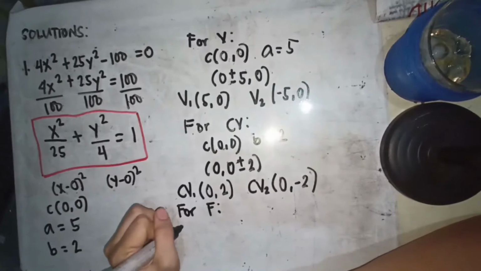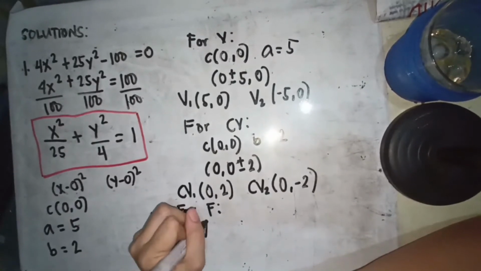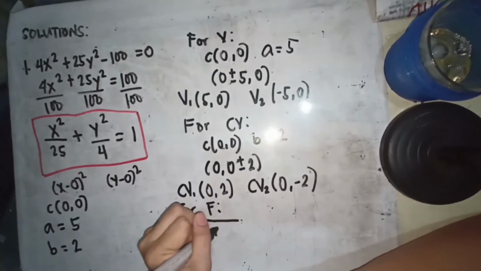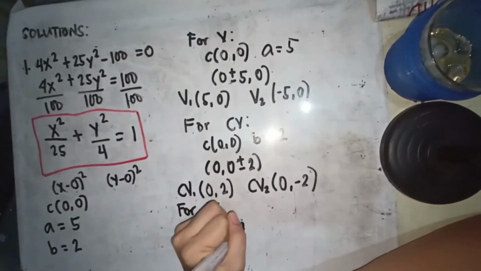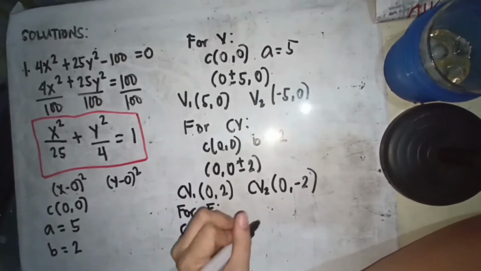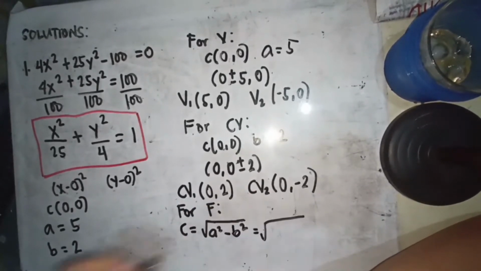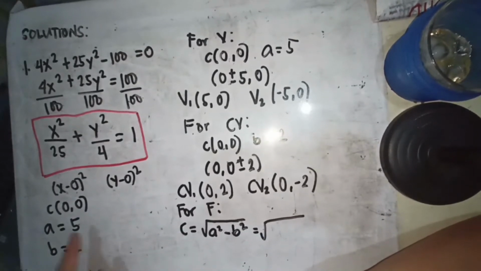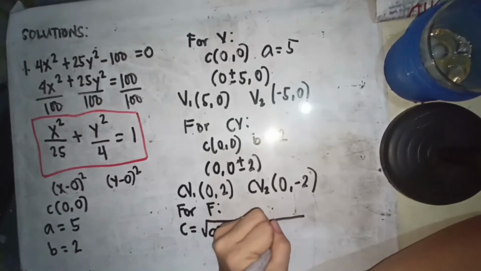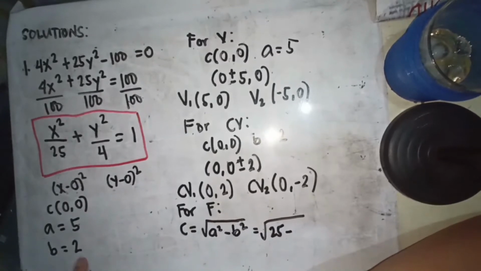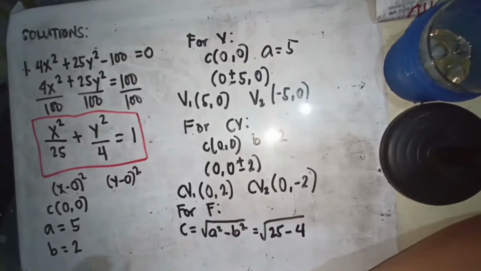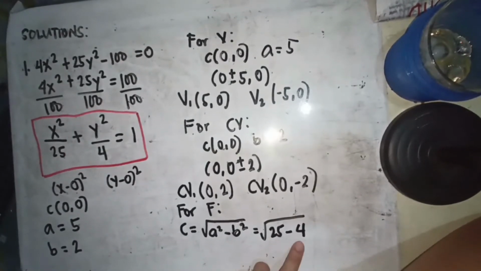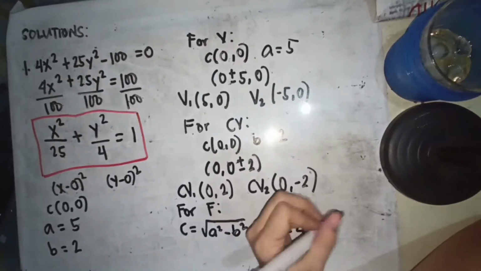So, distance C, again, we have C that is equals to the square root of A squared minus B squared. Okay, or this is equals to the square root of our A, which is 5 squared, we have 25, minus our B, which is 2 squared, we have 4. So, we have 25 minus 4. That is equals to 21.